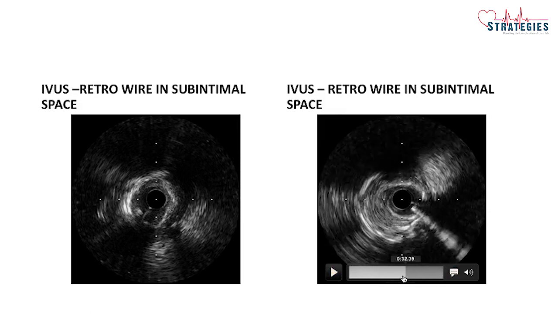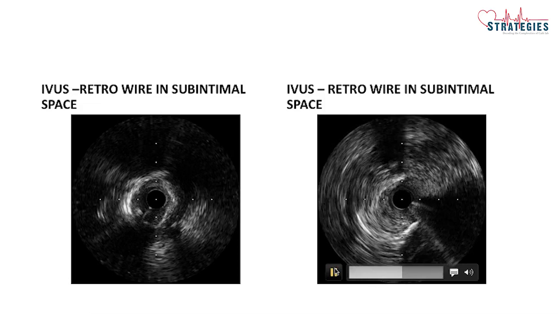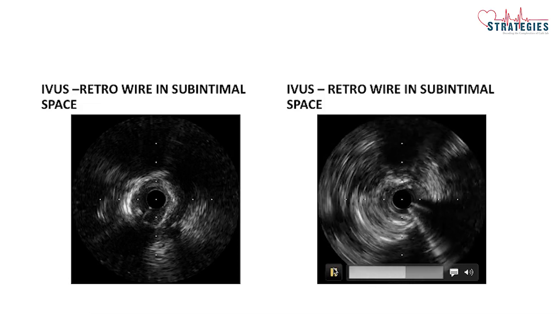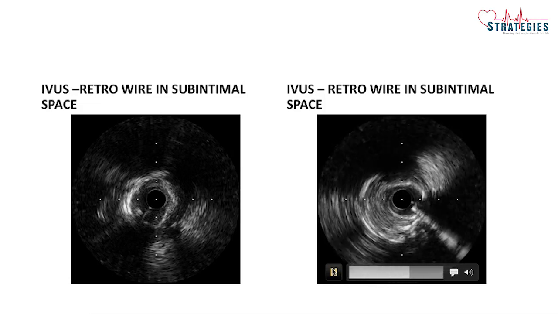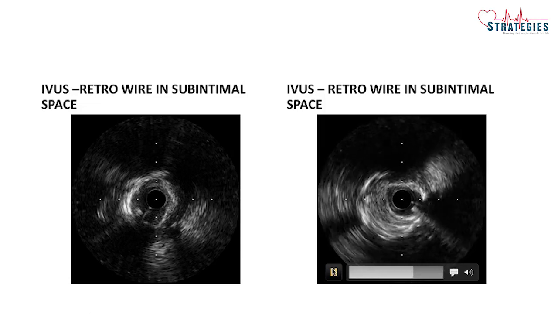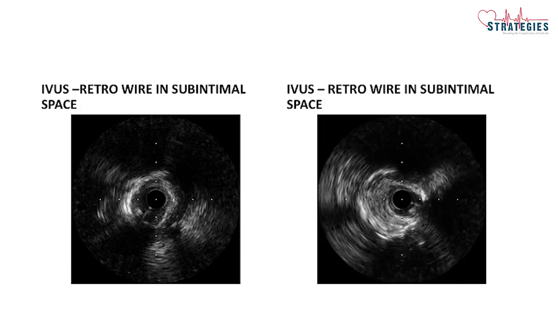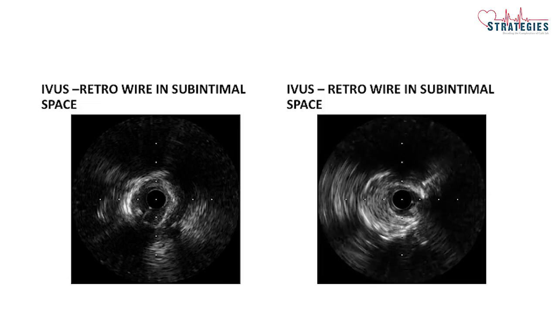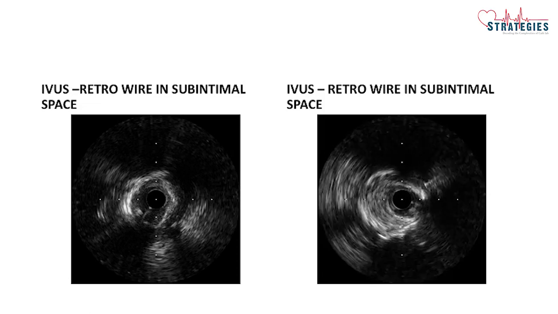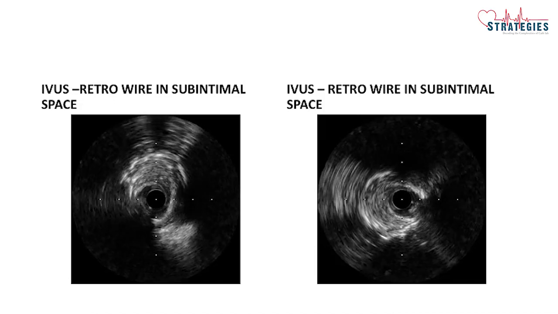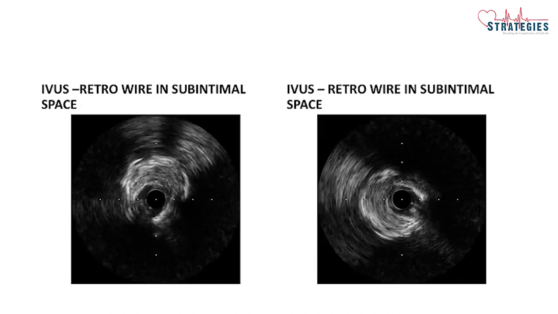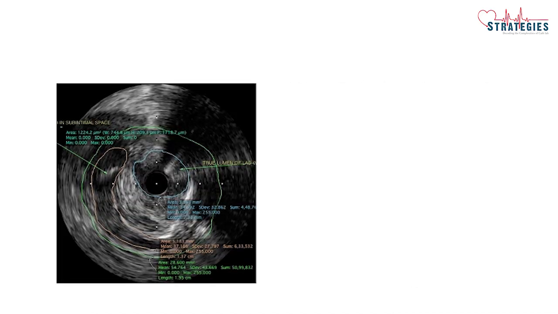So now my wire is in the subintimal plane, and we have to connect my antegrade true lumen to the retrograde subintimal lumen. So we have to connect these two lumens. Once we connect, then we can externalize the wire and do the subsequent job.